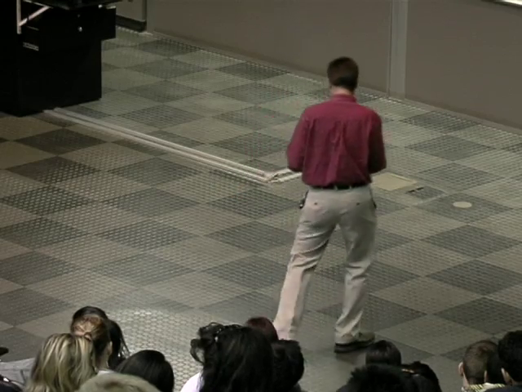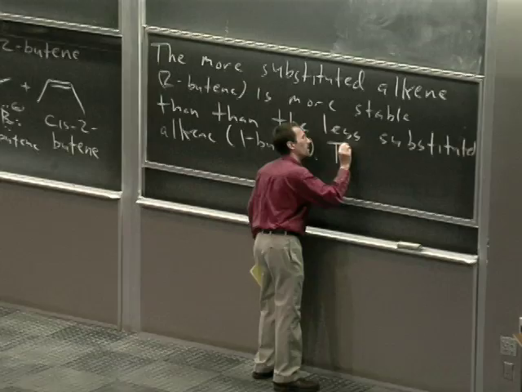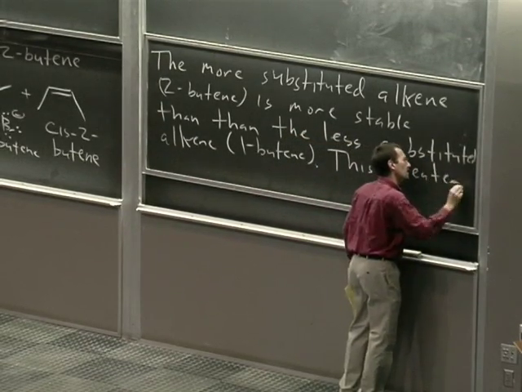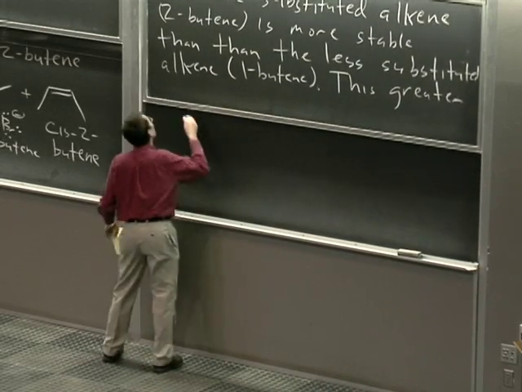So at the transition state, you're going to be feeling the greater stability in the choice for going for the 2-butene stereoisomer, and that's going to translate to a lower energy transition state, an easier path to take. Let me jot this down. Say this greater stability is reflected in the transition state.